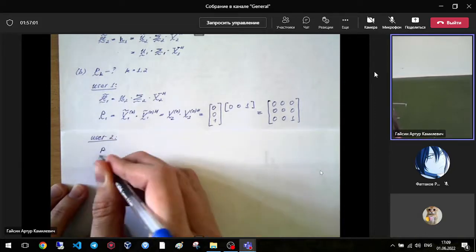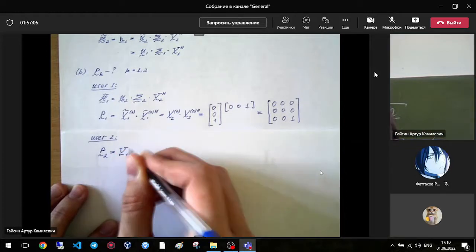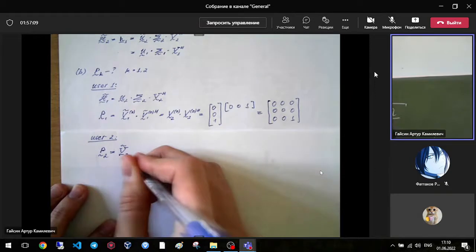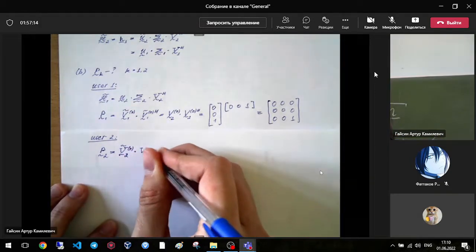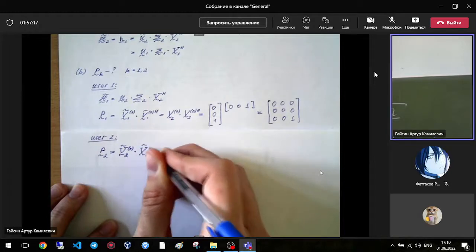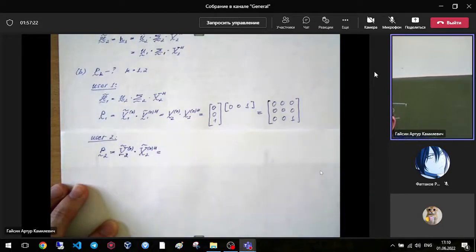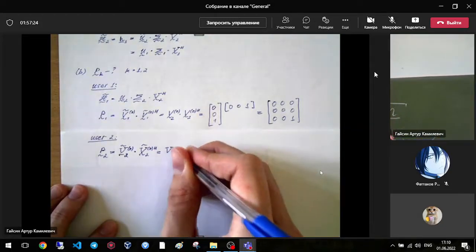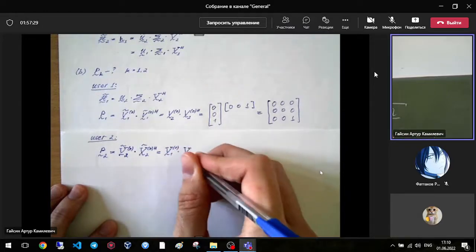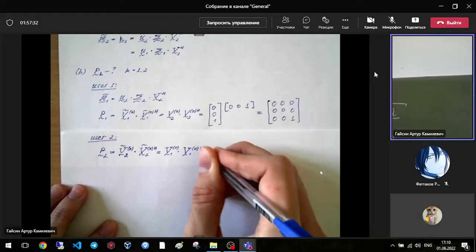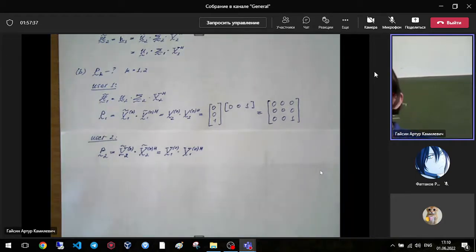In this case, the projection matrix 2 is equal to V2 tilde null space times V2 with tilde null space Hermitian. But of course, we already see that this one is equal to V1 null space times V1 null space Hermitian.